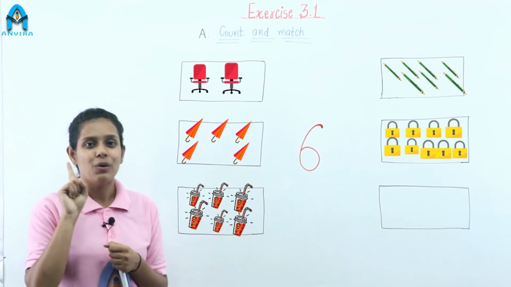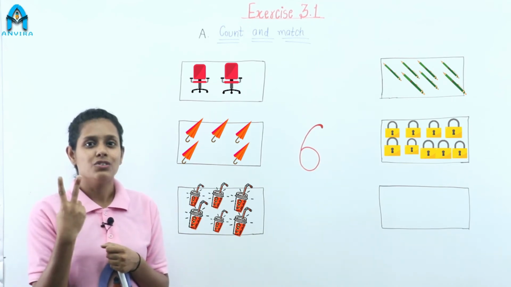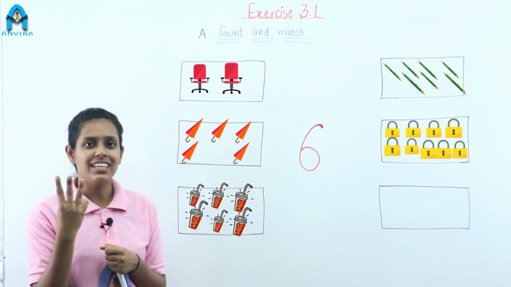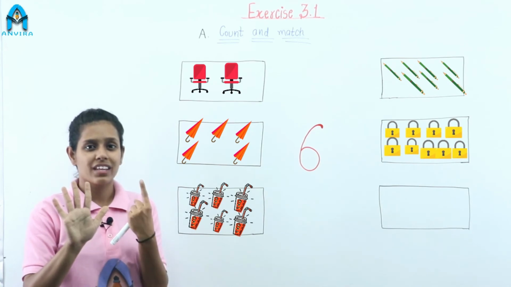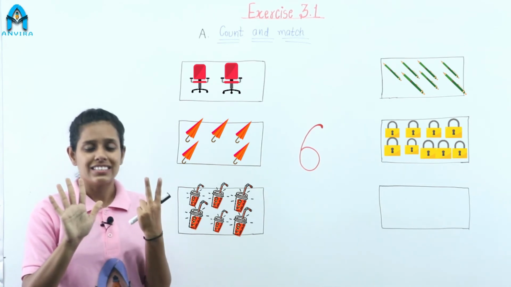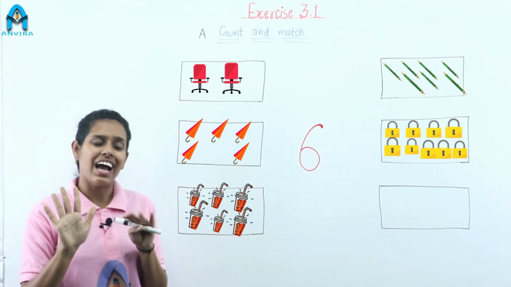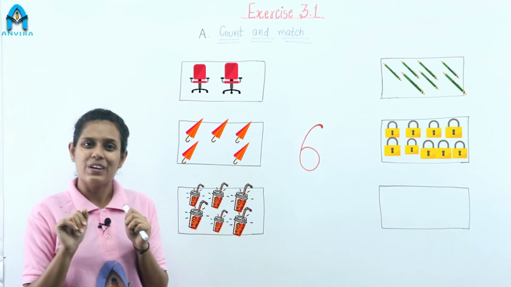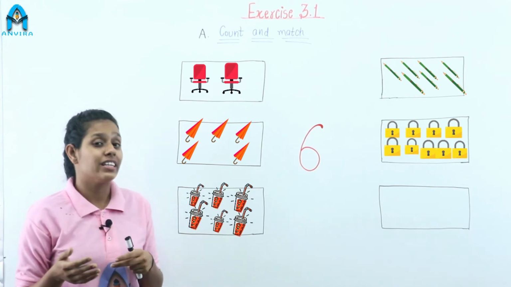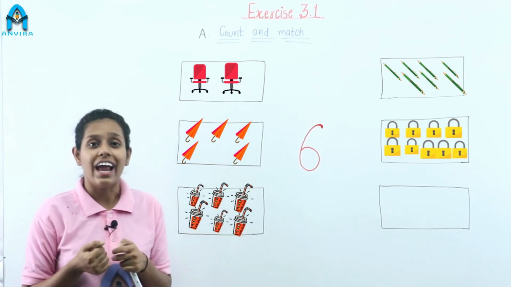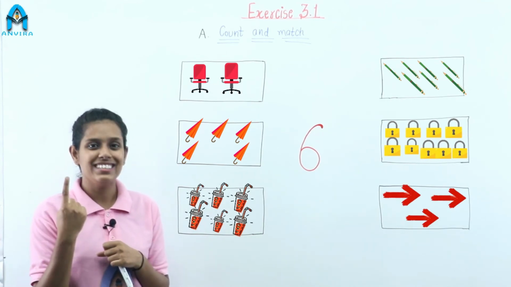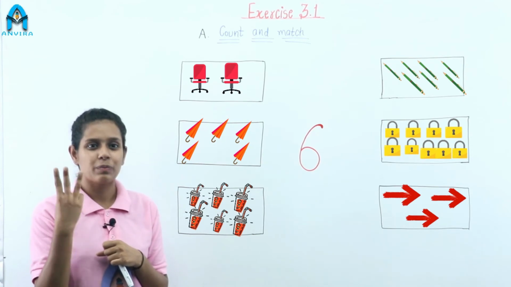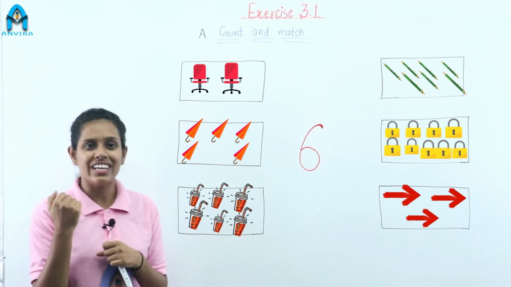Let's count. 1, 2, 3, 4, 5, 6, 7, 8 and 9. 9 logs. Now, look at the next picture. Arrows. How many arrows? Let's count. 1, 2, 3. 3 arrows.